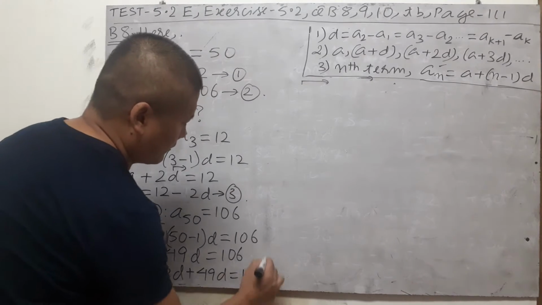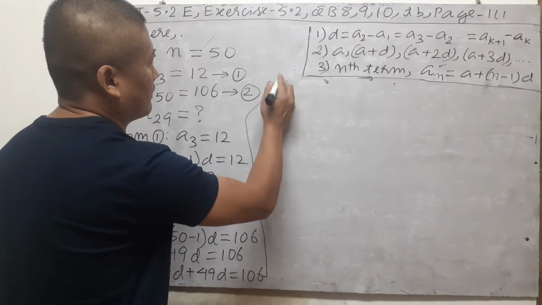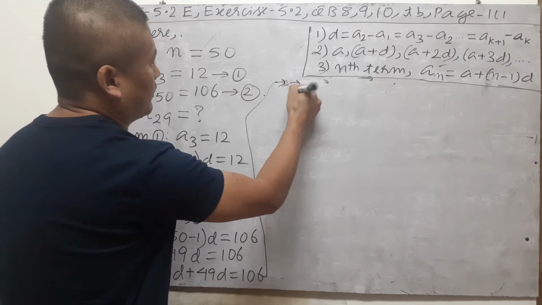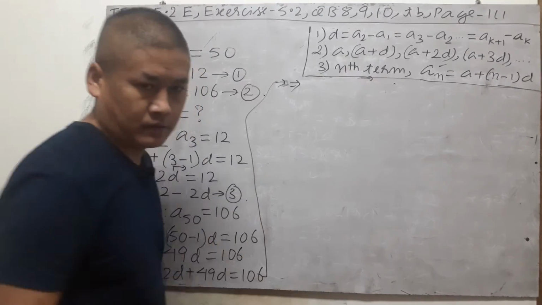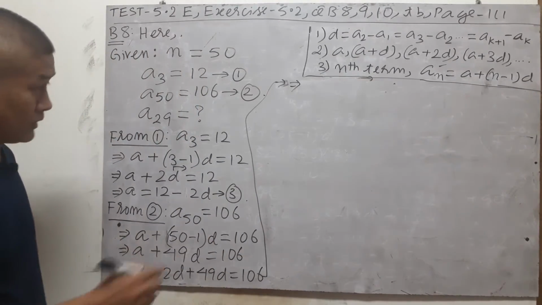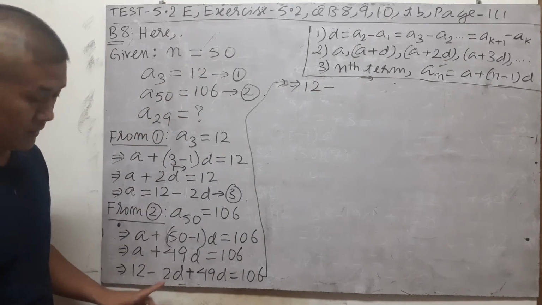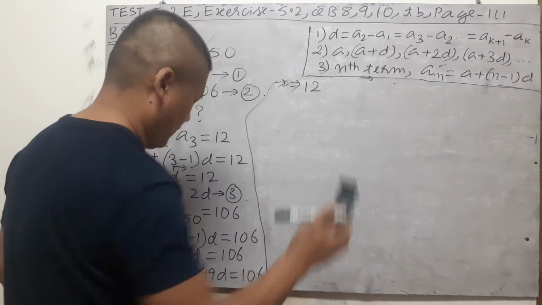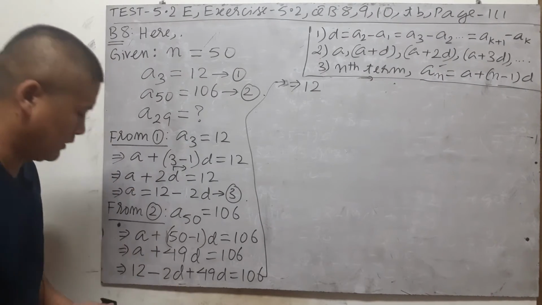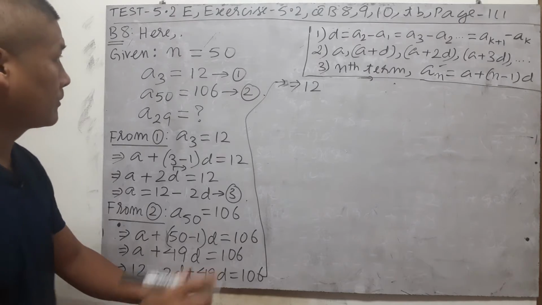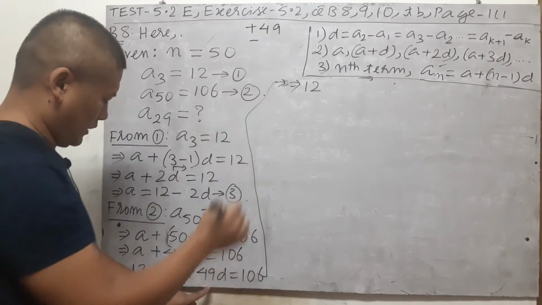So if we continue from here, then we're going to get here, that implies 12, minus, here minus 2D plus 49D. Here the bigger absolute value is plus 49, the smaller one is minus 2.